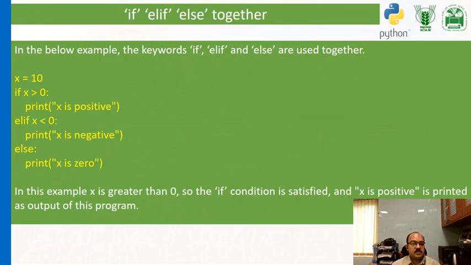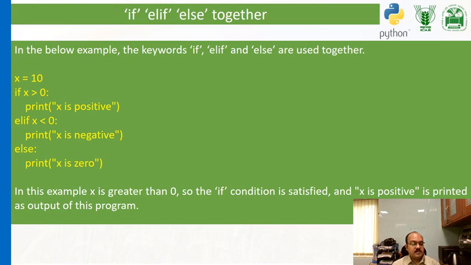Next we use if, else if and else together in a single example. Like x is equal to 10, if x greater than 0, print x is positive, else if x less than 0, print x is negative, else print x is 0. So in this example, x is greater than 0.